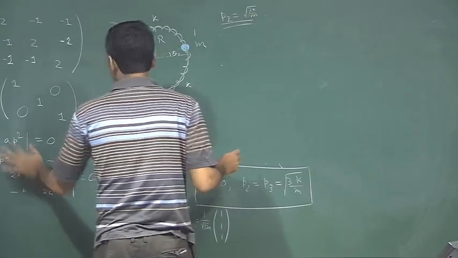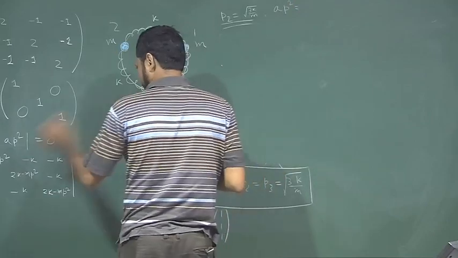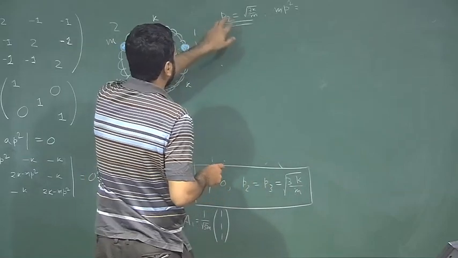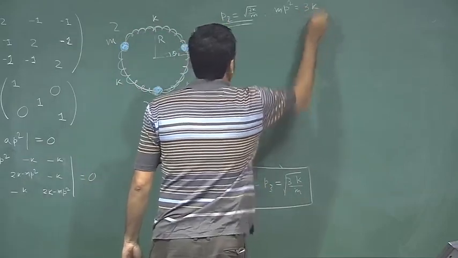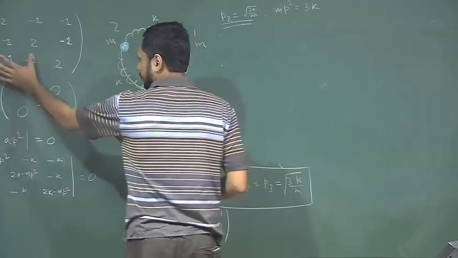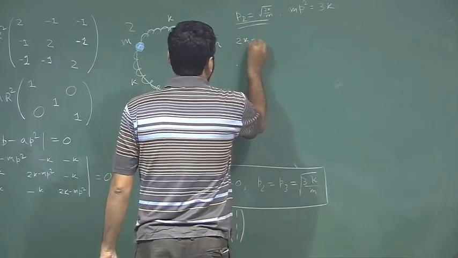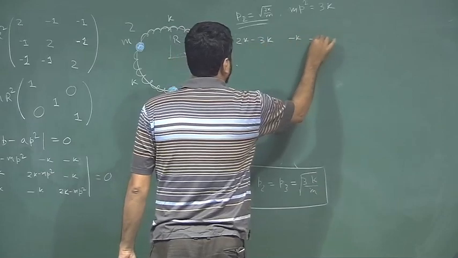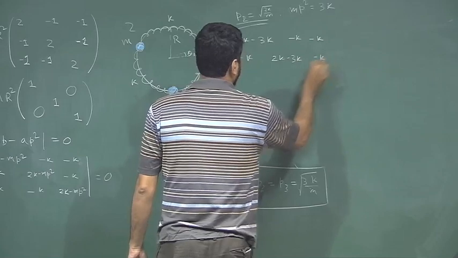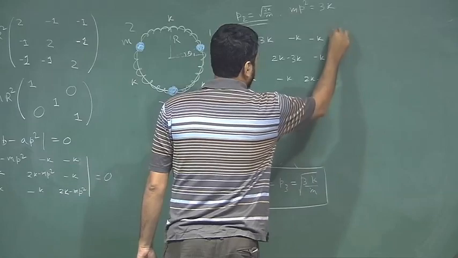So, M P square will be 3 k. Okay. So, if you put 3 k in this equation multiplied by the matrix form, you have 2 k minus 3 k, minus k, minus k, minus k, 2 k minus 3 k, minus k, minus k, minus k, 2 k minus 3 k.